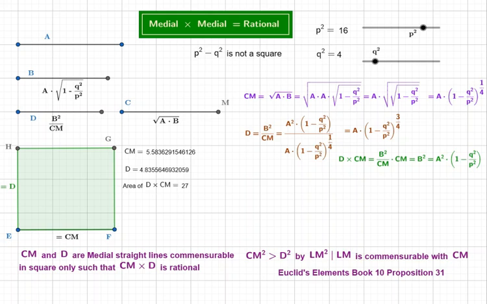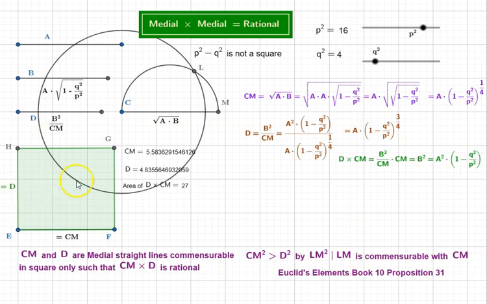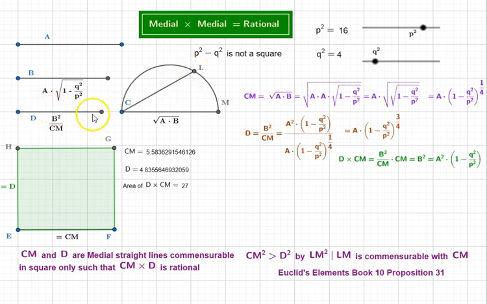We draw a semicircle on CM and we draw a line within this semicircle such that it is equal to D. So we draw a circle with center C and radius as D. Take the intersection and we join C and L. CL is equal to D.